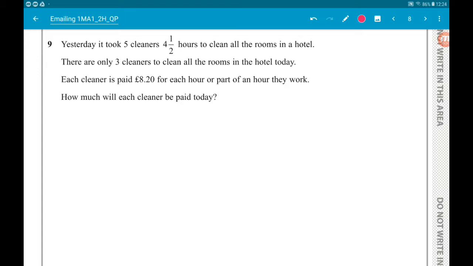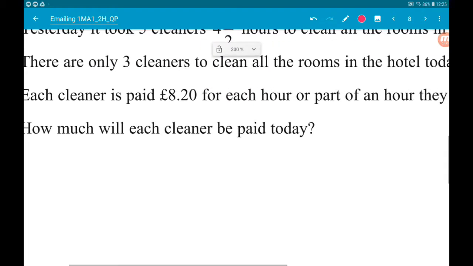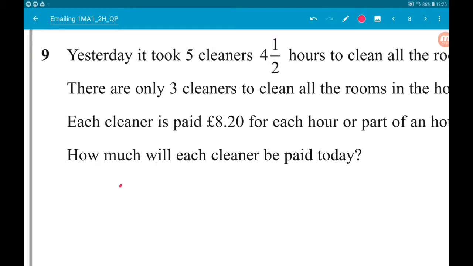this is inverse proportion. So if it takes 5 cleaners 4.5 hours, let's first of all work out how long it would take one cleaner.